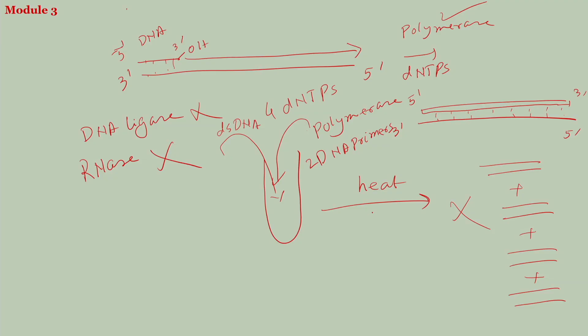The problem is you are using heat close to 95 degrees Celsius, and at this temperature obviously we are denaturing the DNA. At the same time you will denature the enzyme also. The polymerase will be denatured at high temperature.